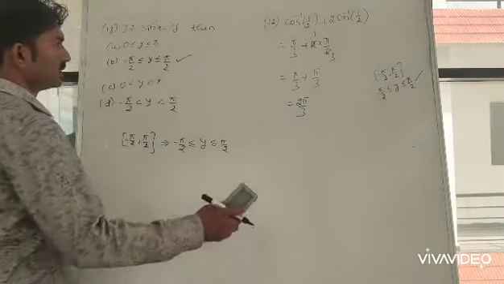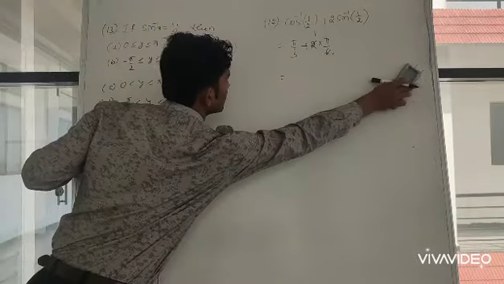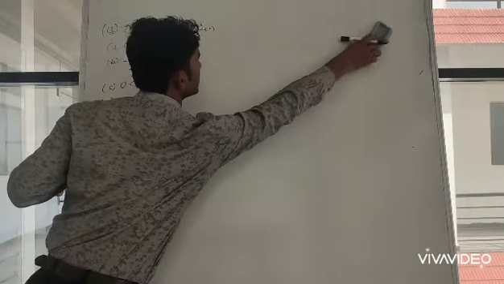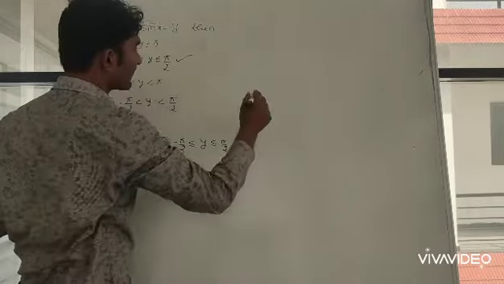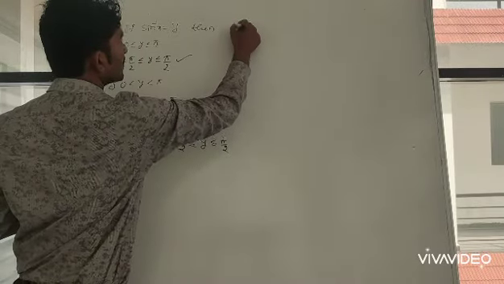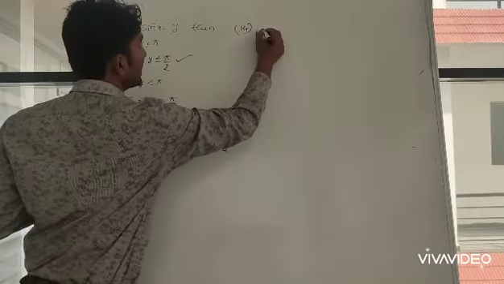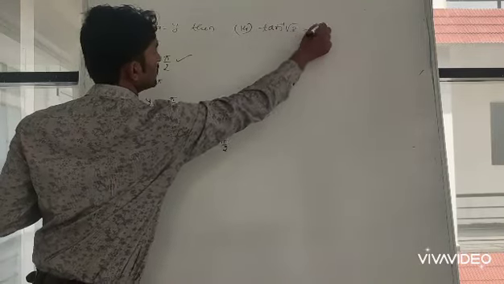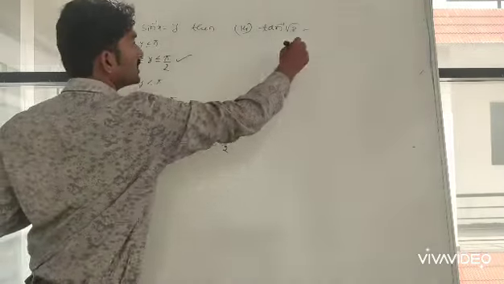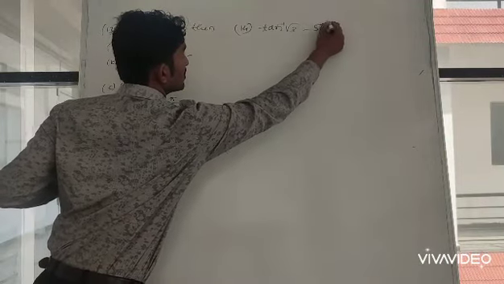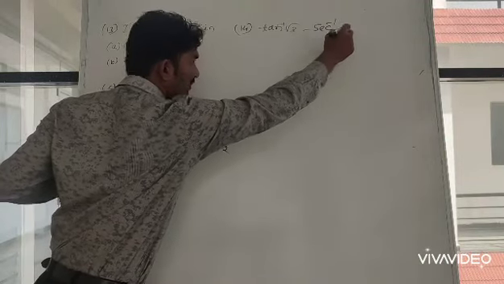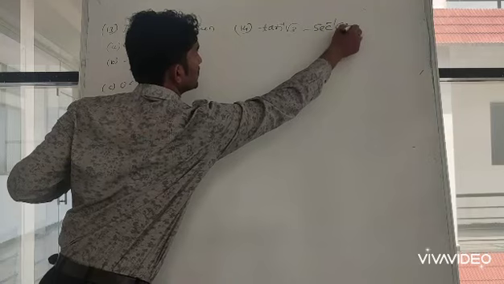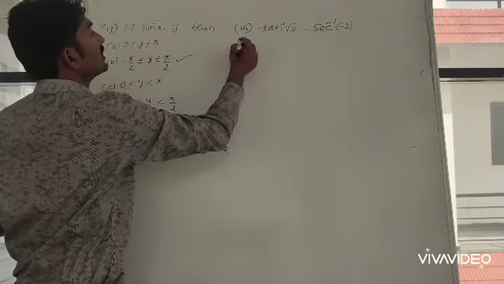Next example, 14th one. Tan inverse of root 3 minus sec inverse of minus 2 is equal to what?